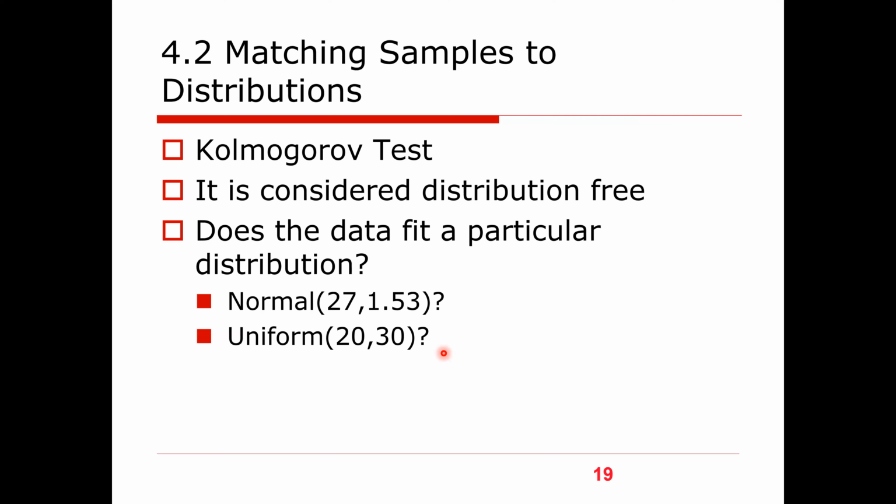How can we check if the data really fits a particular distribution, or if normal or uniform fits the data better, or a distribution family? For example, uniform maybe not a standard uniform distribution, but maybe a piecewise function with two uniform distribution functions. But overall, it belongs to the uniform distribution family, right? If we want to test those hypotheses, we can use Kolmogorov test.